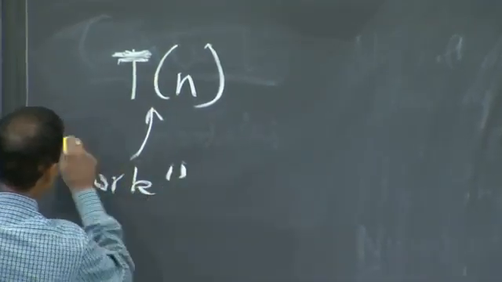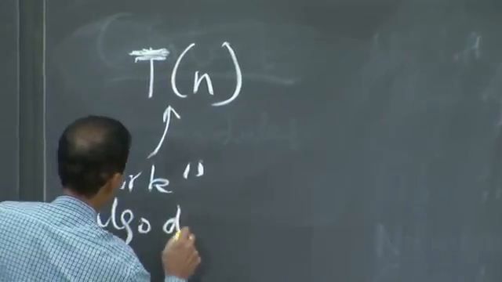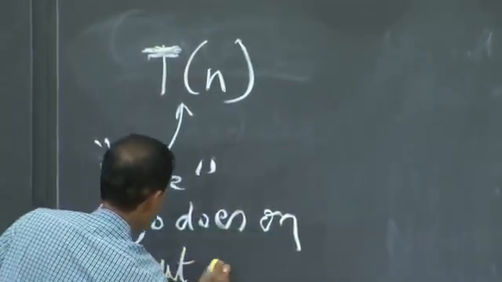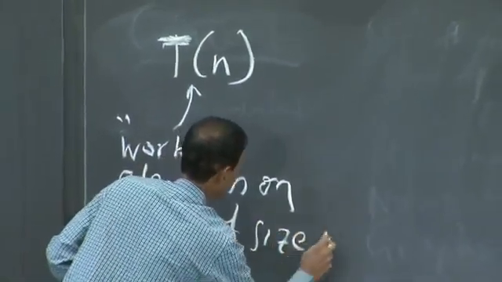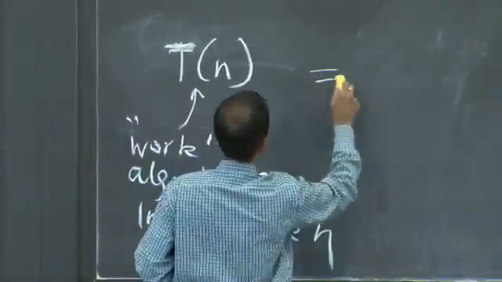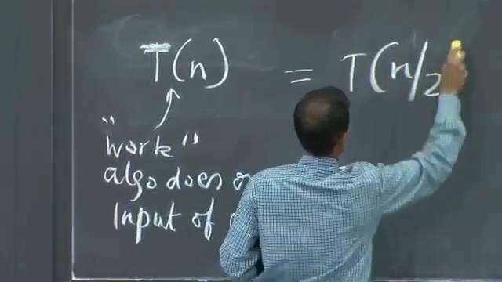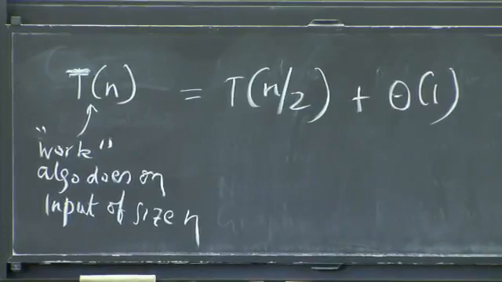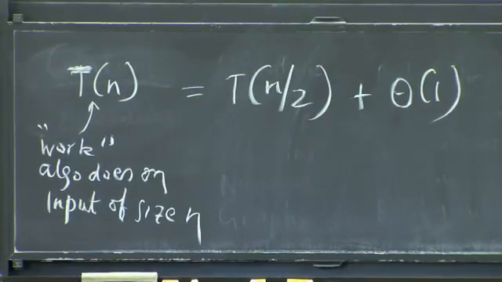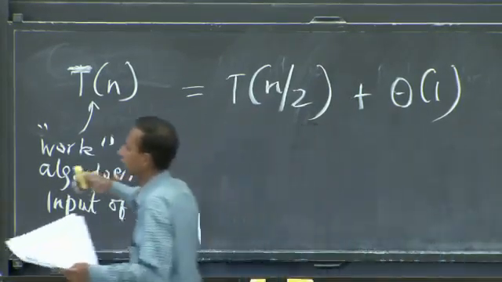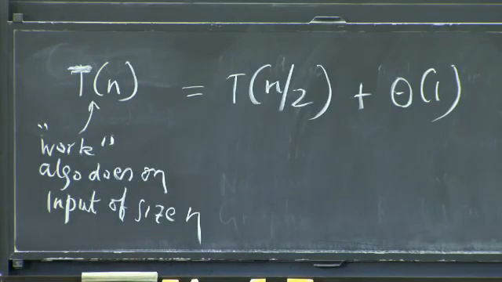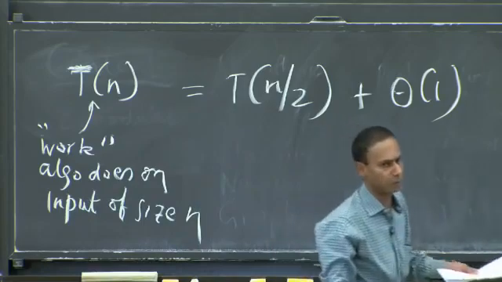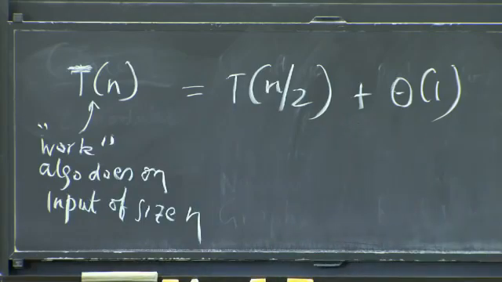Okay? Then I can write this equation. And this theta 1 corresponds to the two comparisons that you do, looking at potentially the left-hand side and the right-hand side. So that's 2, a constant, so that's why we put theta 1.